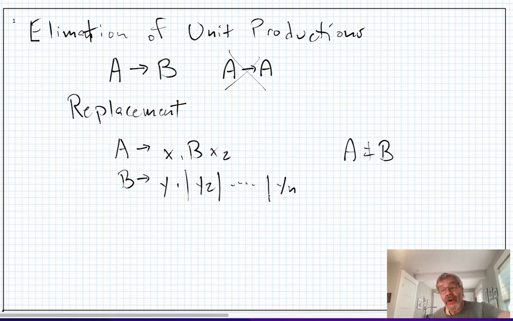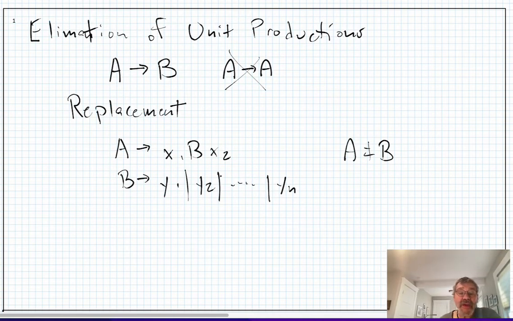You'll also recall that even though these are lowercase, don't be misled into thinking that these things are necessarily terminals. They could be variables.